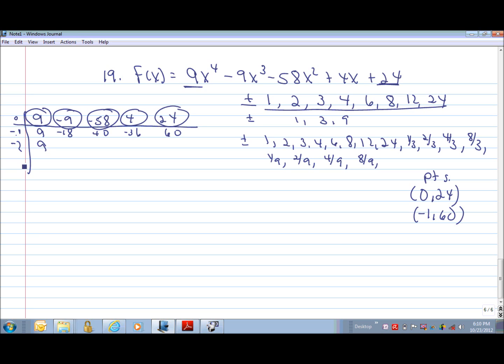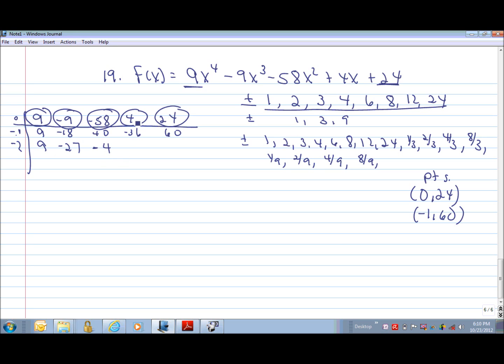Bring down the 9. Negative 2 times 9 is negative 18. Negative 18 and negative 9 would be negative 27. Negative 2 times negative 27 is positive 54. Positive 54 and negative 58 is a negative 4. All right, negative 2 and negative 4 multiplied is positive 8.